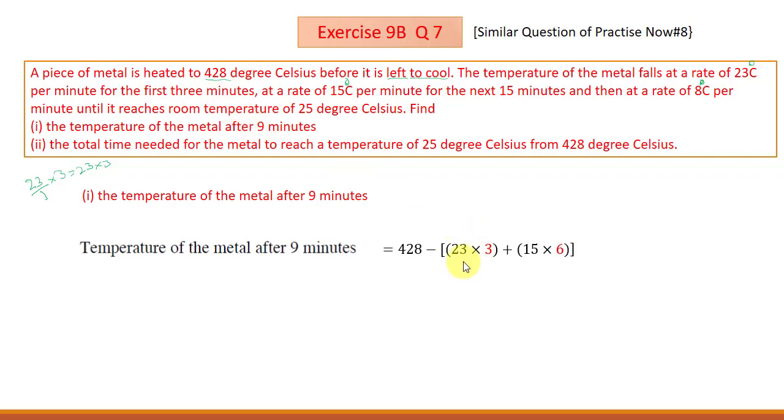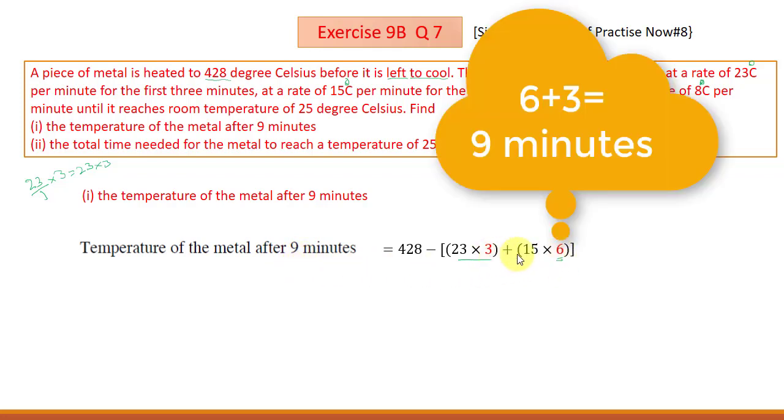So that is 23 multiply 3. Now since we have to calculate the fall in the temperature for 9 minutes, I have written 6 over here. 3 plus 6 is 9 minutes.